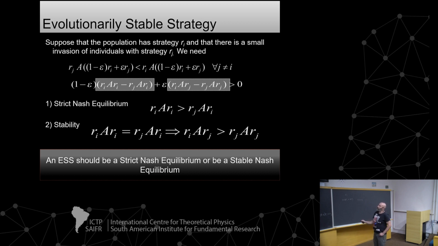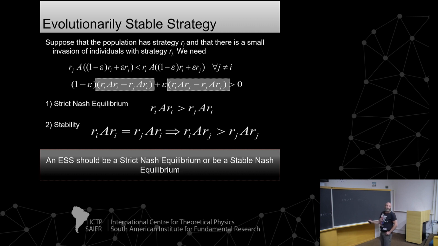Unless this is equal to 0; if this is equal to 0, I can say nothing. But if this is different from 0, and I want the whole expression to be greater than 0, it is enough to ask that this be greater than 0. And this being greater than 0 means that this term here, the payoff of Ri against Ri, should be greater than the payoff of Rj against Ri.